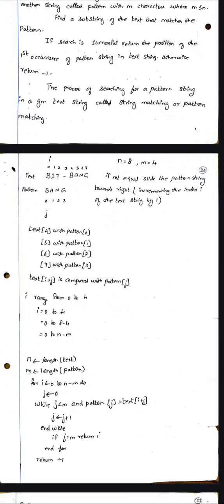The text is big bang and the pattern is bang. Now it compares text of 4 with pattern of 0.